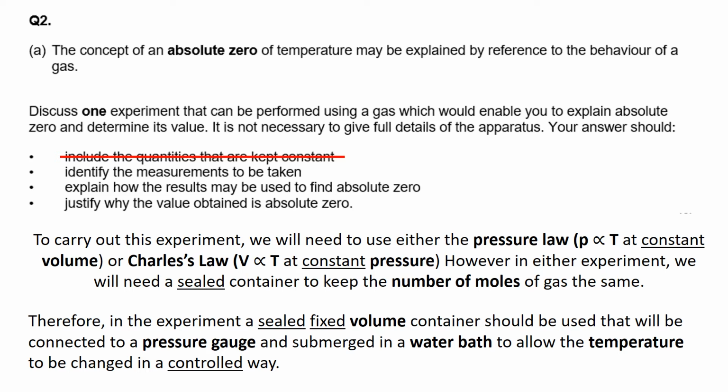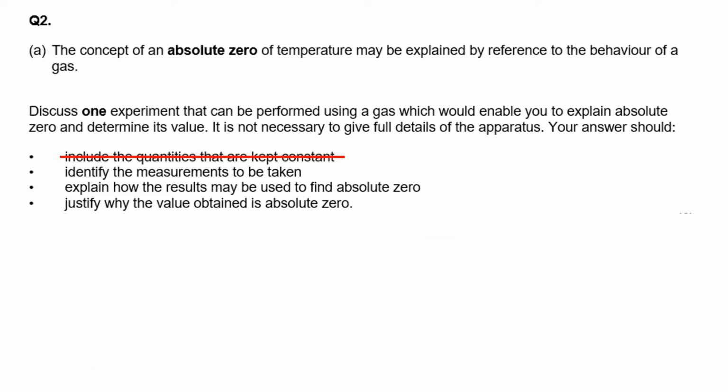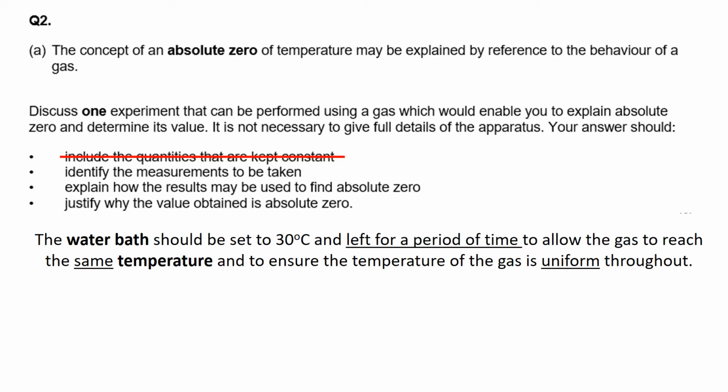So next, let's address the measurements that we're going to take. I said we're going to use a water bath, so I'm going to start the experiment at 30 degrees. Water baths obviously can't go below room temperature because they are just heaters essentially. So I'm going to go to 30 degrees, which is above room temperature, and leave it for a period of time to ensure the gas in the container has reached the same temperature and that the temperature is uniform throughout the whole gas.